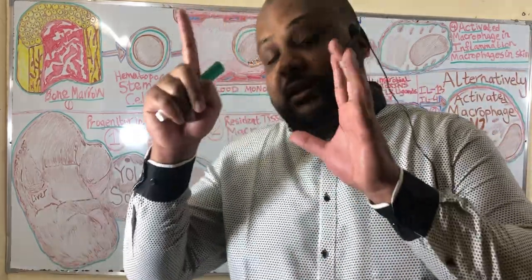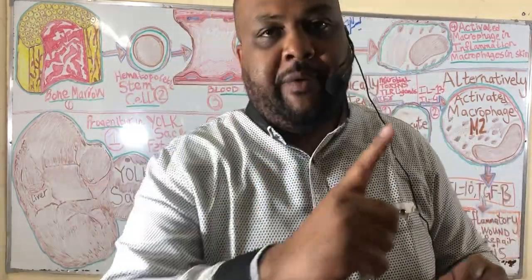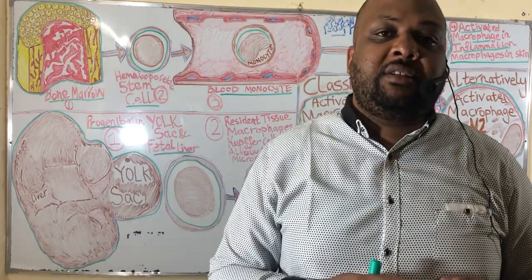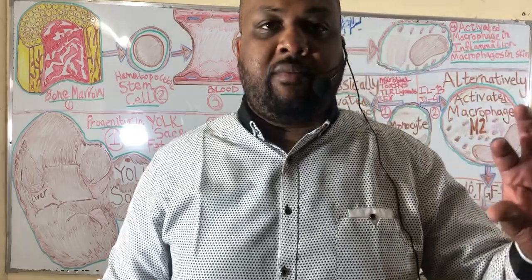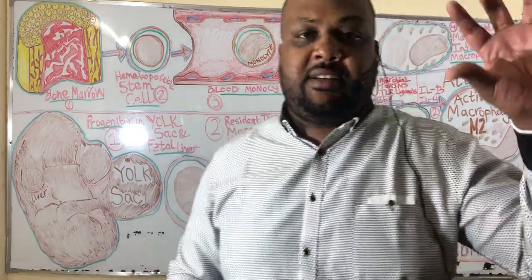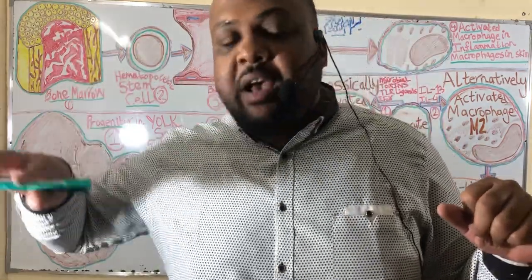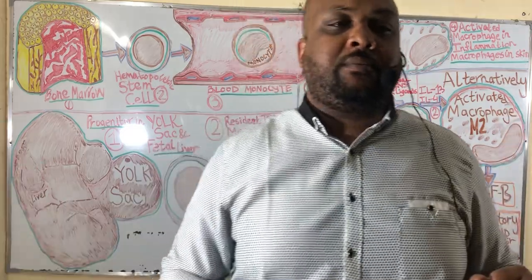Now, these are the second type of macrophages we will talk about. We talked about the resident macrophages, and now there are the circulatory macrophages. Their origin, their synthesis, comes from a different location.